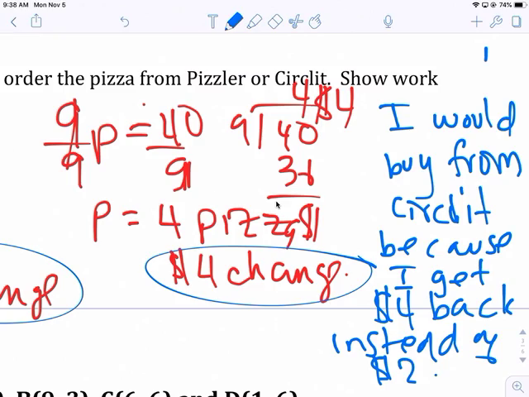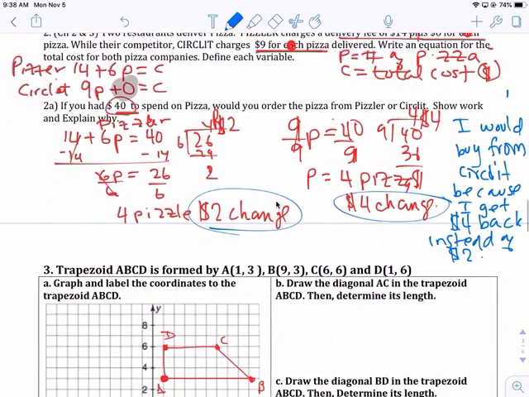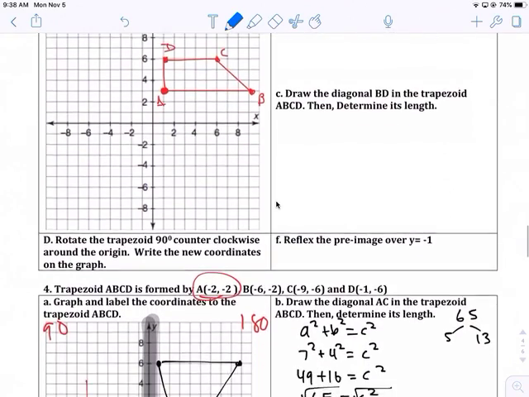So it's cheaper to buy from Circlet if you had only $40, okay?